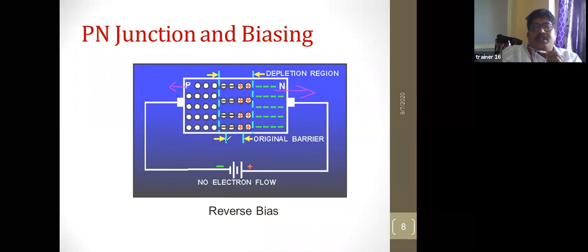So here this is the original barrier, and the depletion region increases. Why? Because the holes will move in this direction and the electrons will move in this direction, since the terminals are connected this way: the N-type to the positive and the P-type to the negative.